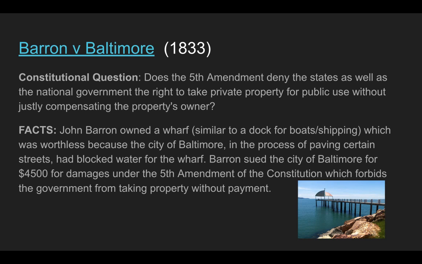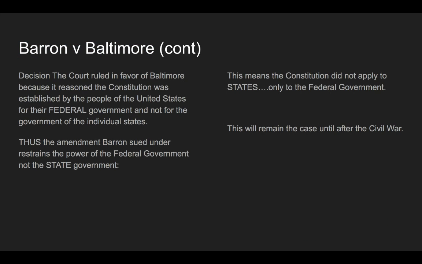So the question is, does the Fifth Amendment of the Constitution apply to cities and states, or is it just the federal government? Well, turns out at the time, in 1833, it's just the federal government. So the decision was that it ruled in favor of the city of Baltimore because it reasons that the Constitution was established by the people of the United States for their federal government, not the government of the individual states.